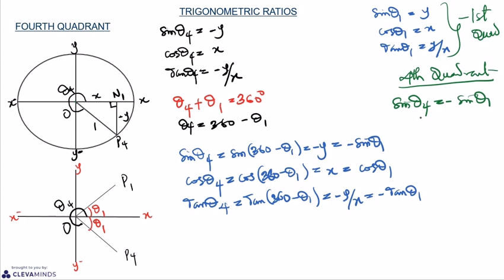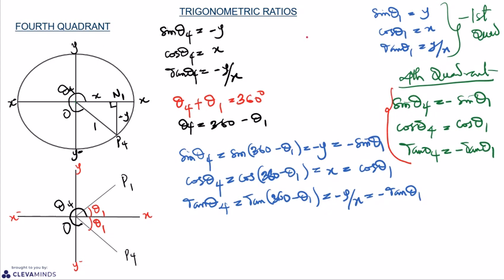That's the conclusion. Then cos theta 4 will give us cos theta 1. And tan theta 4 will give us negative tan theta 1. So here is the information we need to take note of in the fourth quadrant.